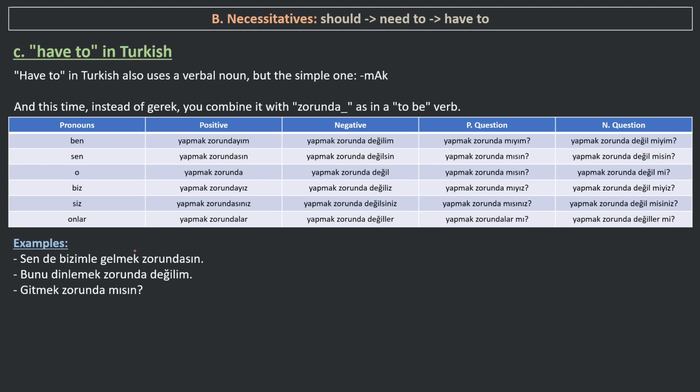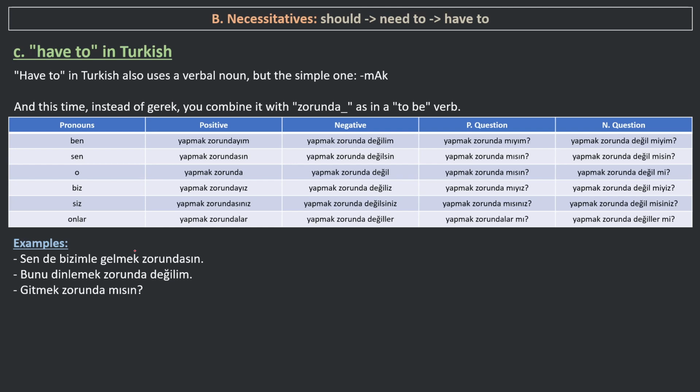The same logic, but the only difference, instead of using ma, we use mak. And since we use mak, as you can remember from the verbal nouns lesson, mak can't have noun case endings.